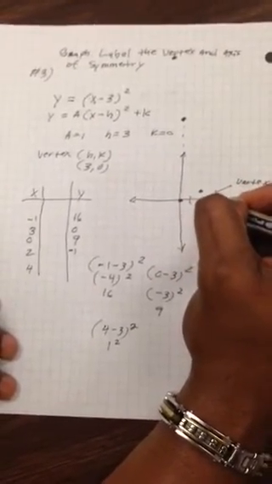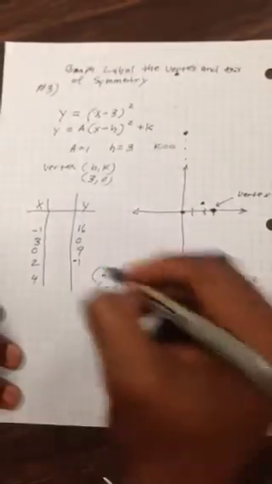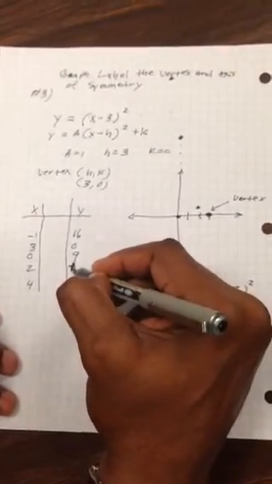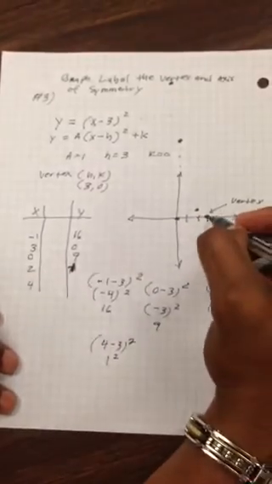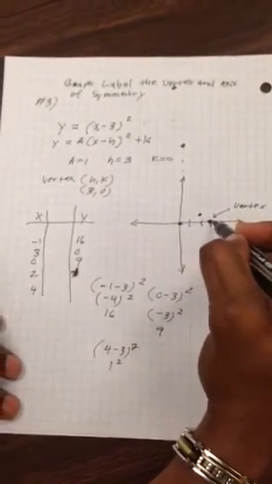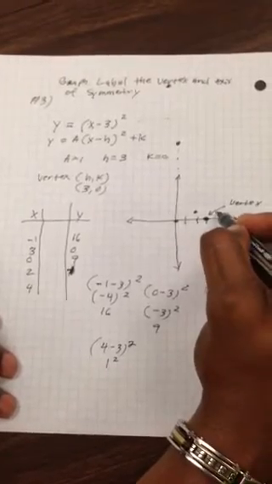This is supposed to be 1, not negative 1. So 4 and 1: 1, 2, 3, 4, and then 1.